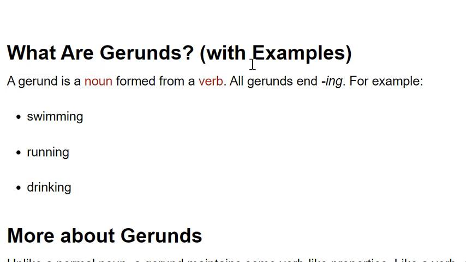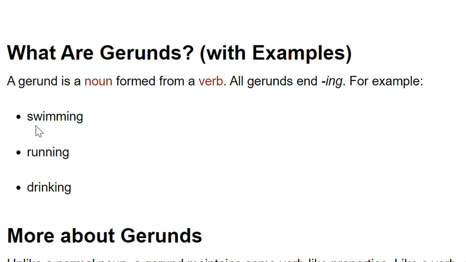What are gerunds? For example, a gerund is a noun. A gerund is a noun form from a verb, ending in ing, for example swimming, running, drinking. Swimming is a gerund. Running is a gerund. Drinking is a gerund, when it stands alone, not after to be.